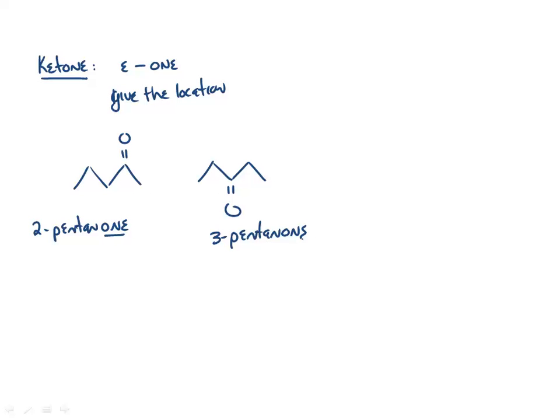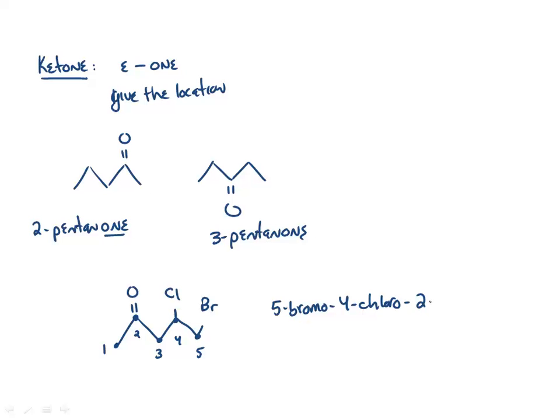And of course, we always give it the lowest possible number. So if I have a choice between, say, a ketone group on the number 2 spot and a Cl group over here and a bromine group over here, even though normally we want to give all the lowest possible numbers, here we're going to go 1, 2, 3, 4, 5, and so we would have 5-bromo-4-chloro-2-pentanone.